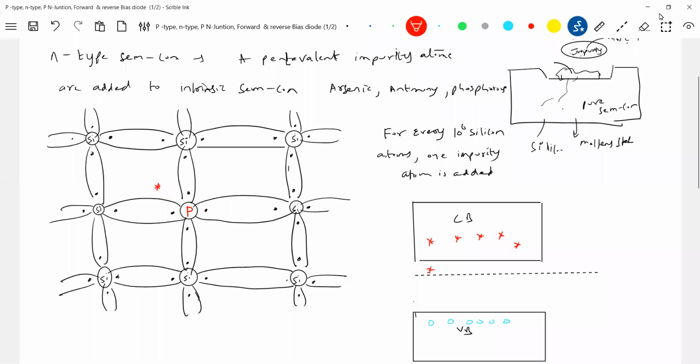Let me show that. This is called the donor level. Why donor? The impurity atom donates one electron to the semiconductor material. So the addition of one impurity atom makes one free electron available. These free electrons are in addition to those due to thermal agitation.